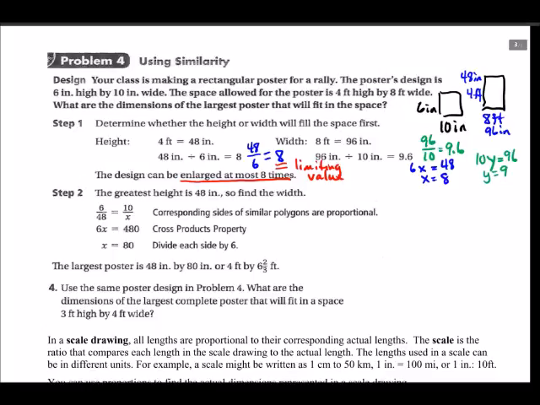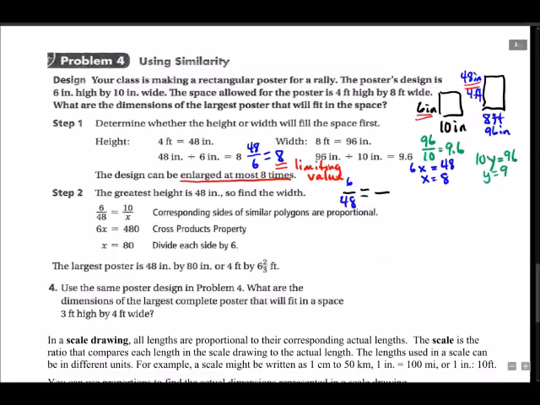So we want to use our height here to write our proportion. We know that we are going to use a 6 to 48 proportion. So now we need to decide how big is the width going to get. So we use our proportion on the left side, and we write our fraction bar. We always start these: fraction bar equals fraction bar. And we know that we want to use 6 to 48.